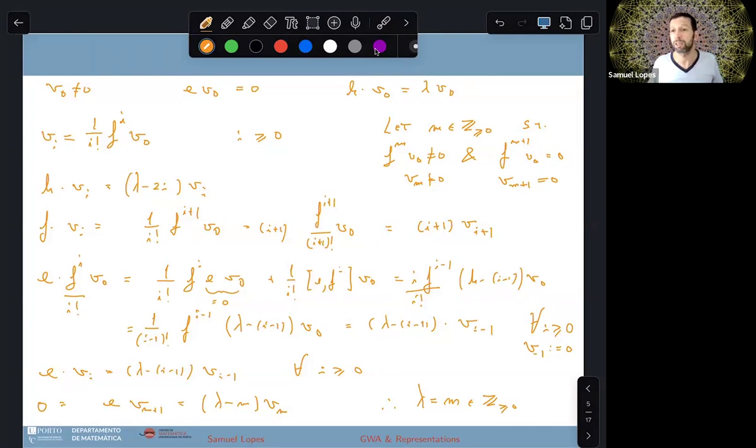And finite dimensionality is certainly an important hypothesis. Where did I use it? To see that there couldn't be infinitely many eigenvectors. If the module is not finite dimensional, I will not be able to prove this result. In fact, there exist simple modules that look like this, but they're infinite dimensional, for which this lambda is not an integer. So this was a fundamental hypothesis.